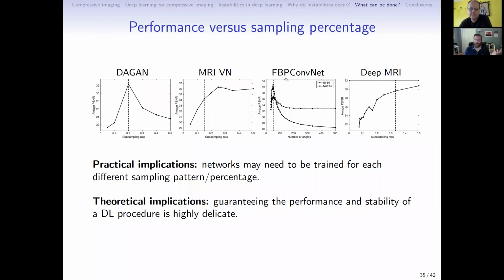Most of these networks are denoiser type networks. So they first do some kind of linear reconstruction, and then it's propagated through a network. So it's very easy to change the number of measurements there. If the linear reconstruction is like an inverse FFT or a zero padded FFT, you're just doing a different zero padding.